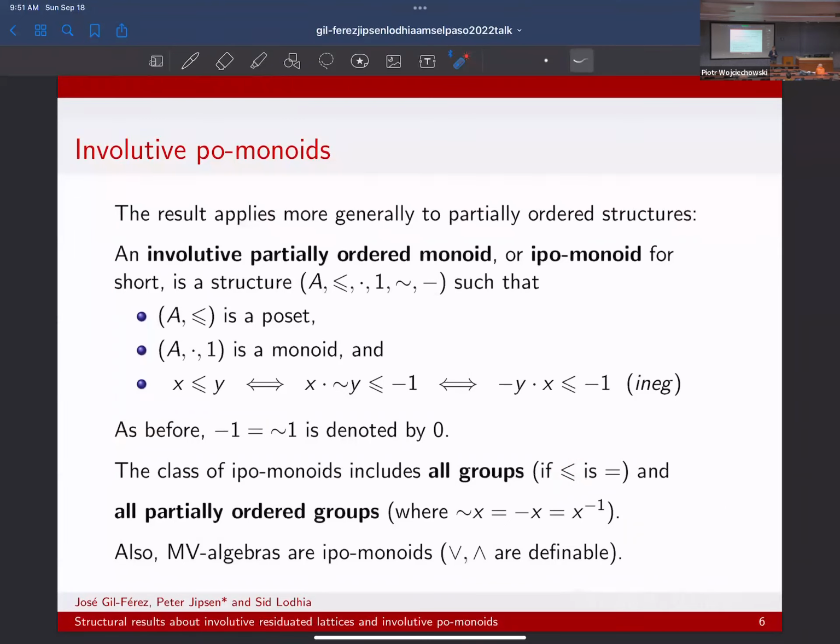And if you keep it as a partial order, but you agree that tilde and minus are the same unary operation and force it to be a group theoretic inverse, obvious equations have to be added here, then you get partially ordered groups. So we went from lattice ordered groups to partially ordered groups, but we're doing this in a more general setting to see a nice structural decomposition result.